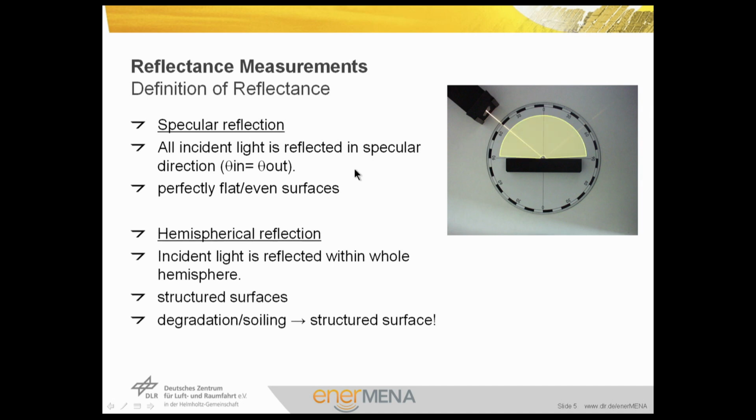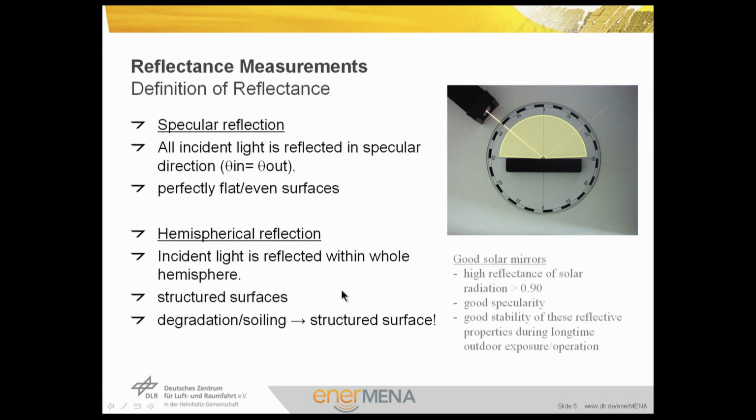Then there's also the hemispherical reflectance, because if the surface is not perfectly flat, then the reflected light can be scattered into the whole hemisphere and not only in the specular direction. So the hemispherical reflectance describes the whole reflected light into the upper hemisphere. This can happen if the mirror surface becomes more diffuse by degradation or also by soiling.